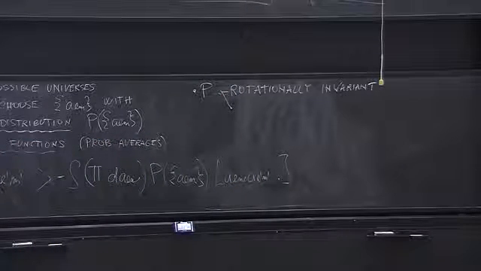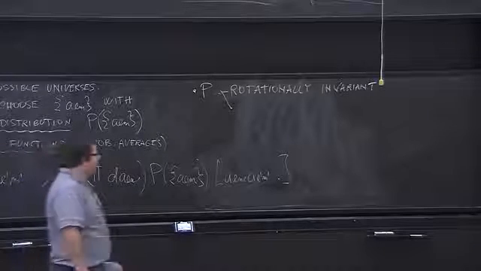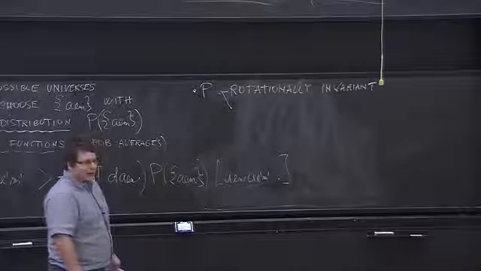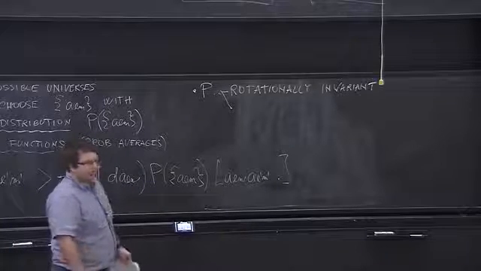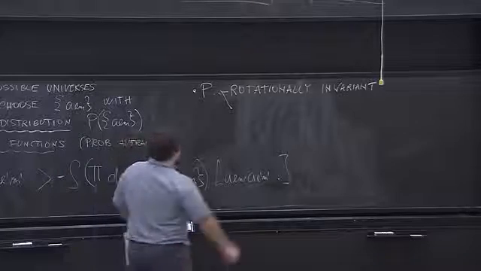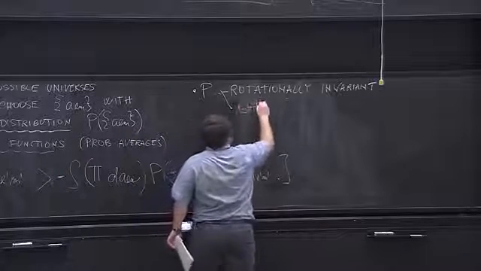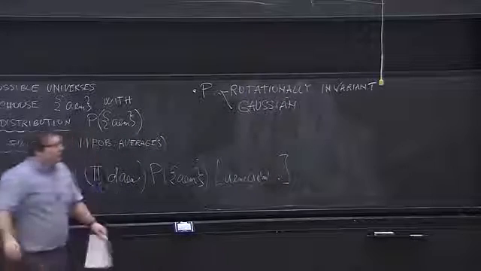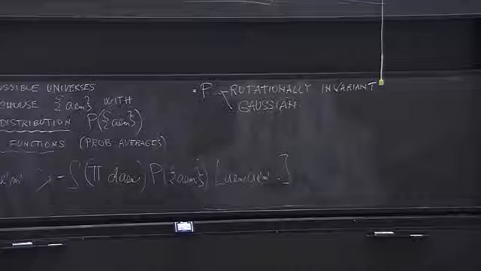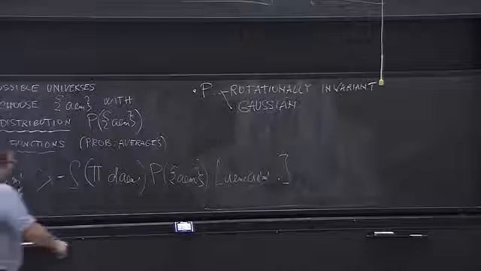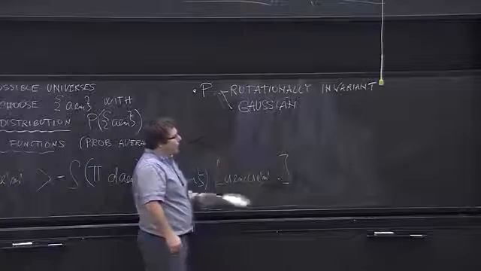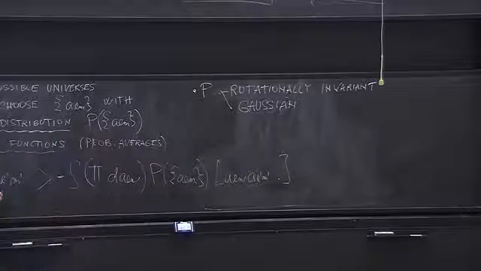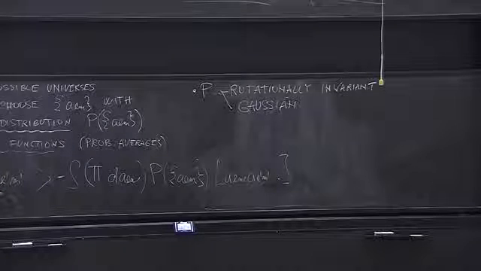The simplest possible P is the Gaussian P. And actually, there is no observational evidence that this probability is not Gaussian. So the simplest possible theory is a Gaussian one. What I mean by Gaussian is not just an exponential. What you mean is that if you want to calculate these various averages or correlation functions, you can use the Wick theorem, which you know from QFT.